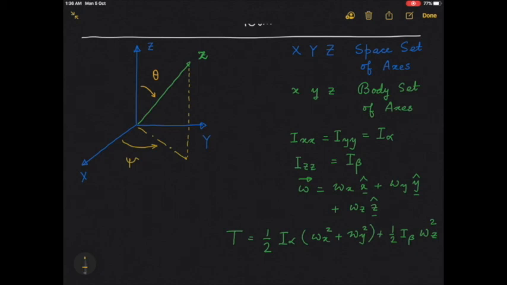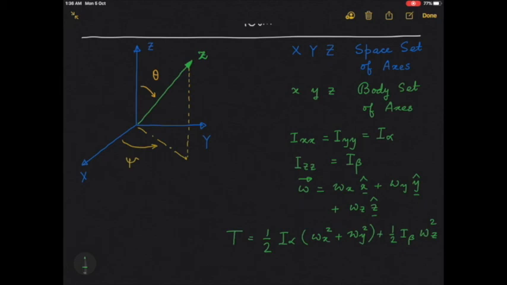Okay, now let us first look at these two. This psi will change with time as this z axis is the instantaneous position of the system. Obviously it will change with time. So as that changes with time, both psi and theta will change.